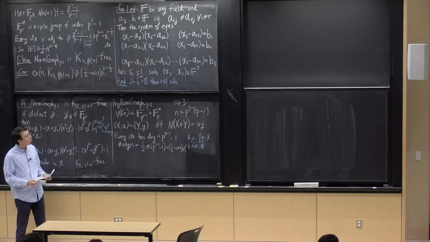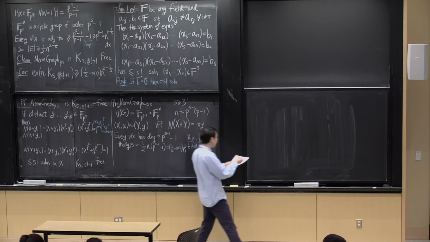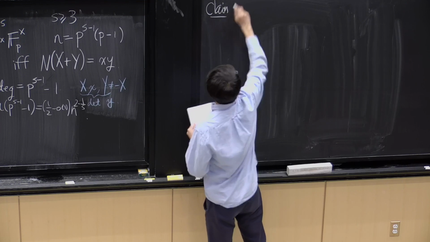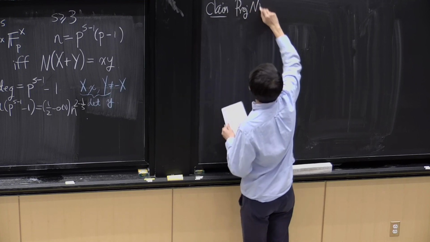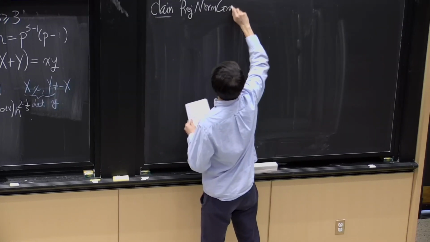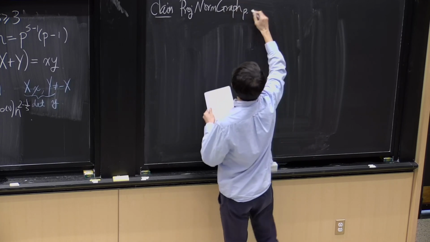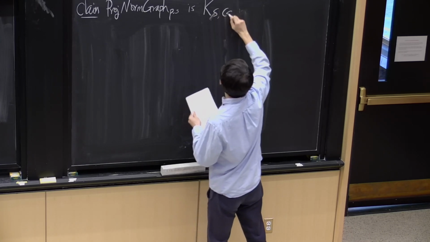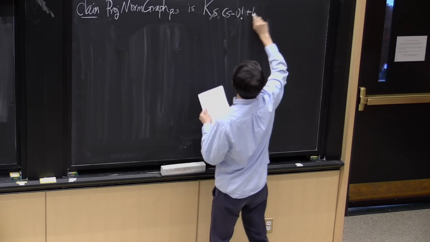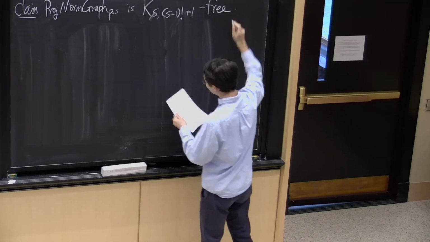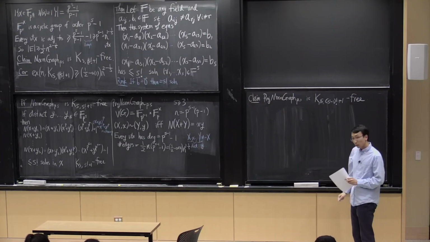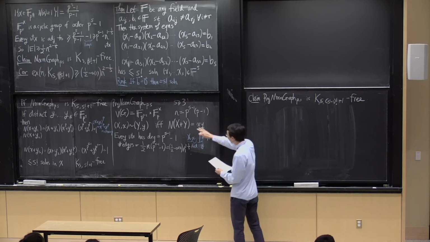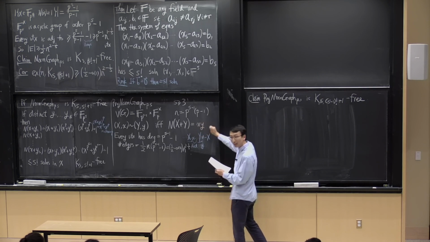And the remaining thing to show is that this projective norm graph is K_{s,t}-free, so it's K_{s, (s minus 1) factorial plus 1}-free. It's a similar calculation as the one before, but we need to take into account the small variant in the construction.